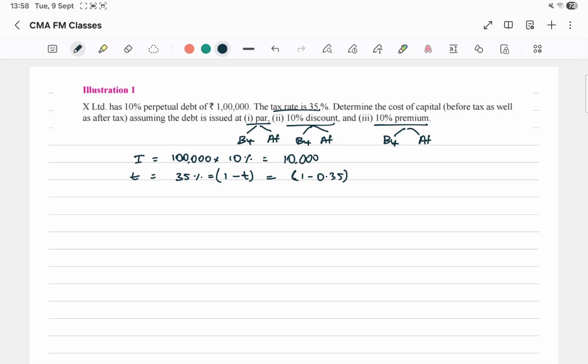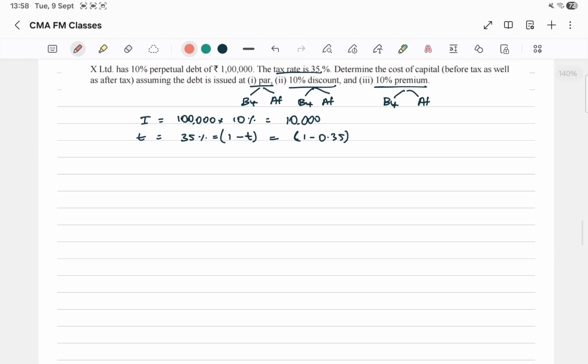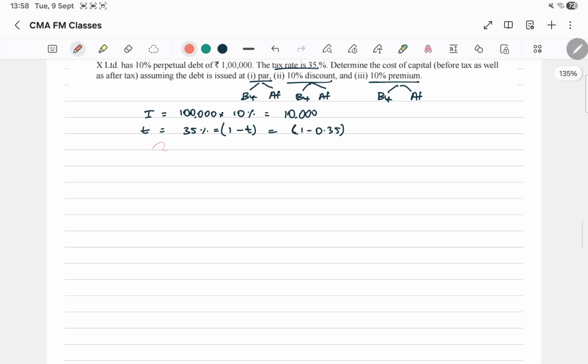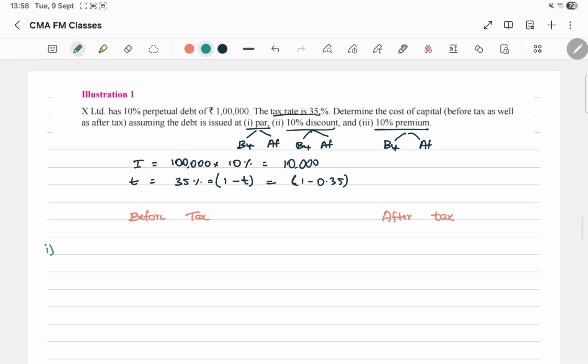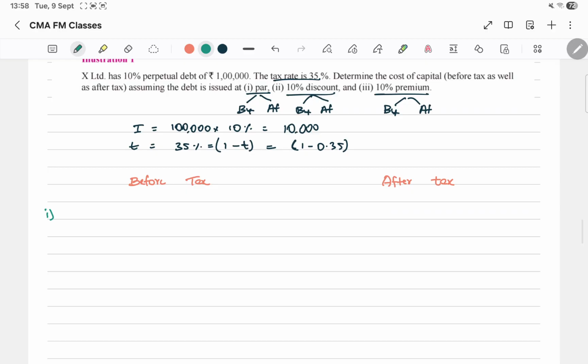First we'll do before tax, and we'll do it simultaneously with after tax. Small sums only. The first scenario is par. Before going in, let me write the formula.